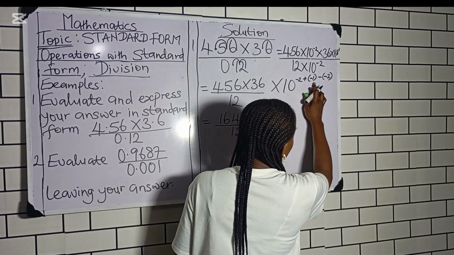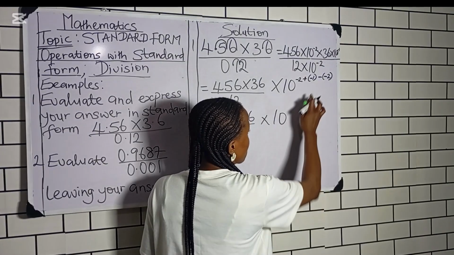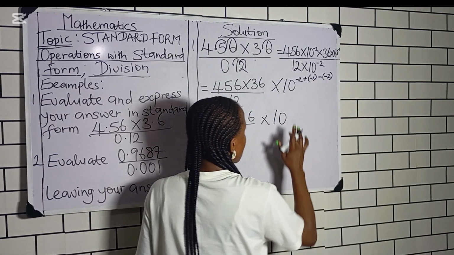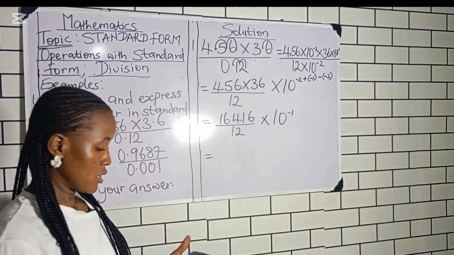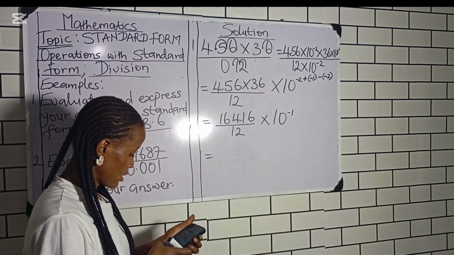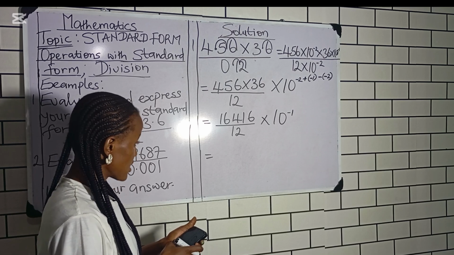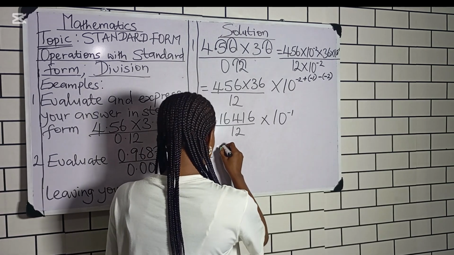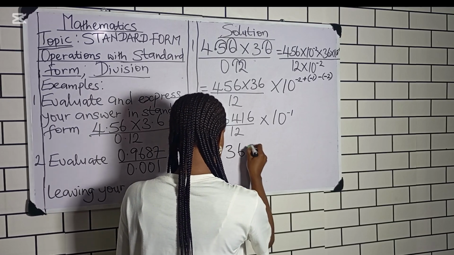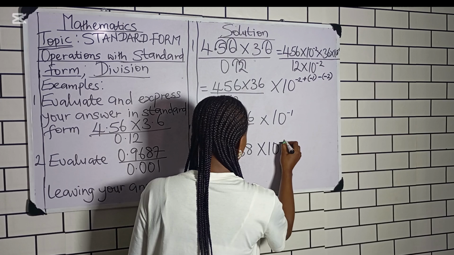Minus 3 minus minus 2. Minus times minus will give us plus. Therefore, minus 3 plus 2 will give us minus 1. This equals 16416 divided by 12, which will give us 1368 times 10 raised to power minus 1.